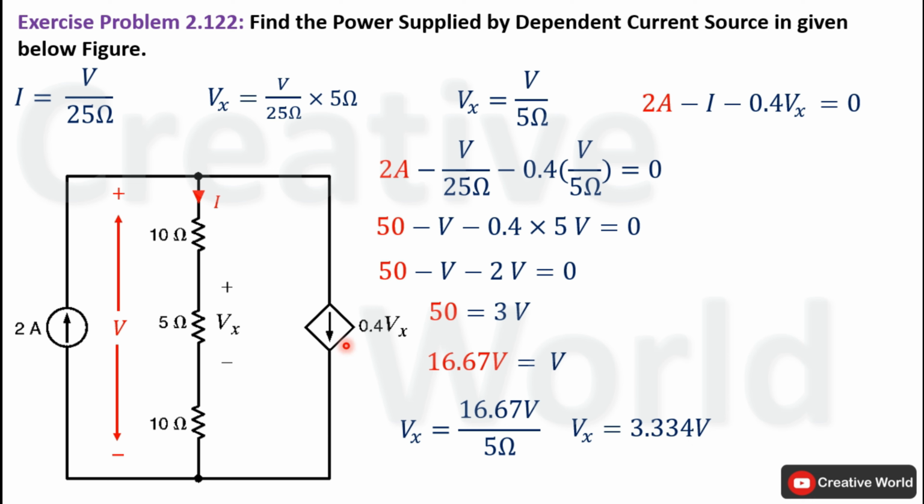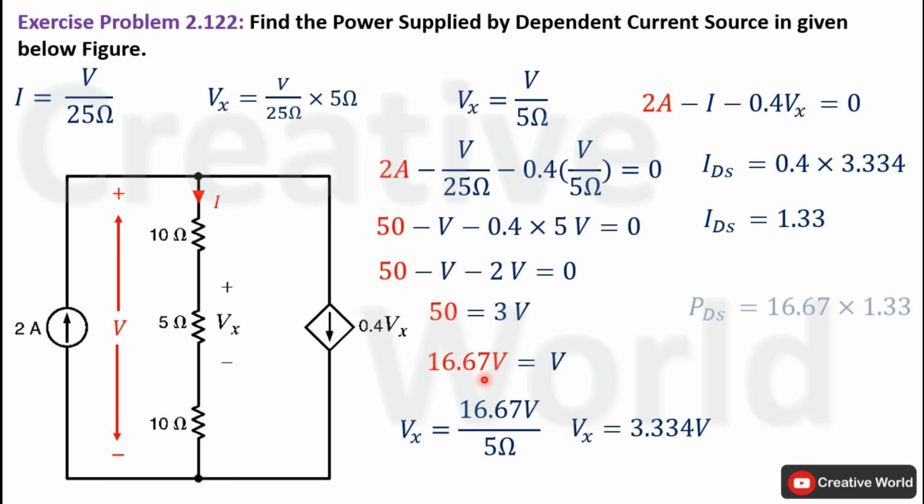Now we can calculate the value of current through this current dependent source because it is 0.4 times Vx. So the product of 0.4 and 3.334 volt will become 1.33 ampere. So the current of this dependent source is 1.33 ampere while voltage across this dependent source is 16.67 volt.